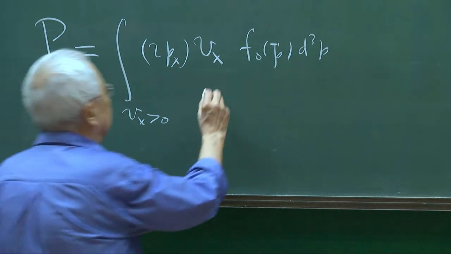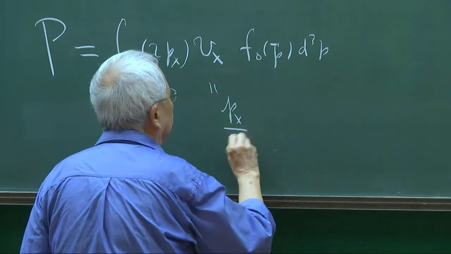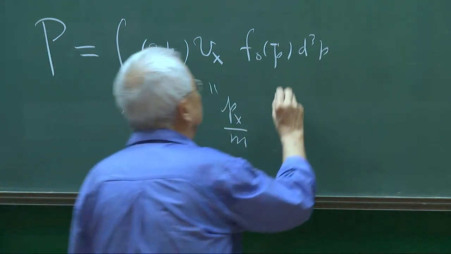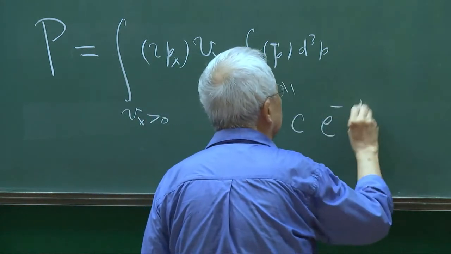So now Vx is equal to px divided by m. And f0(p) is c times e to the minus alpha p squared.